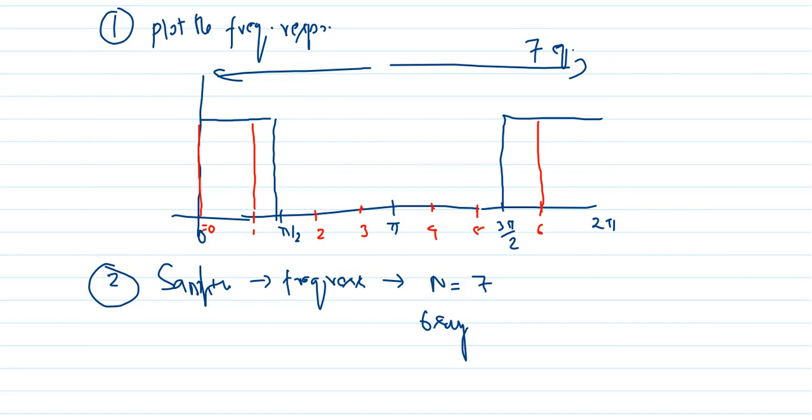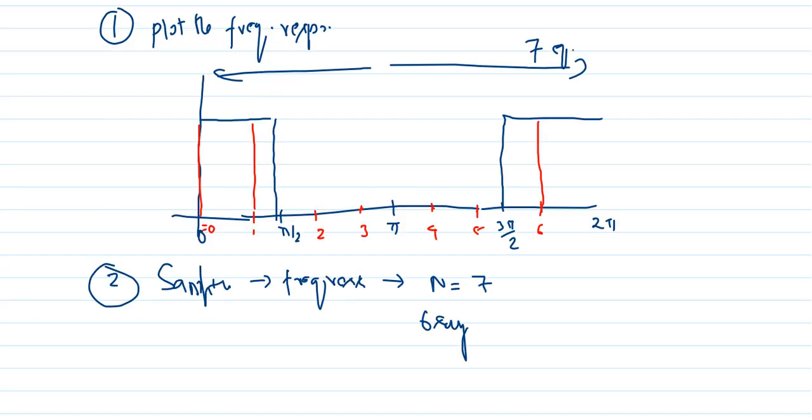Now similarly you can do it for your phase spectrum as well, but we'll restrict ourselves as far as the problem solving is concerned. We'll move on to step 3, finding theta of k and h of k. From the samples we have taken, I'm only taking the magnitude response.